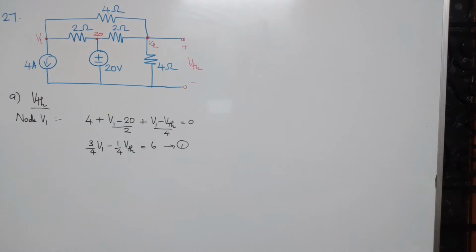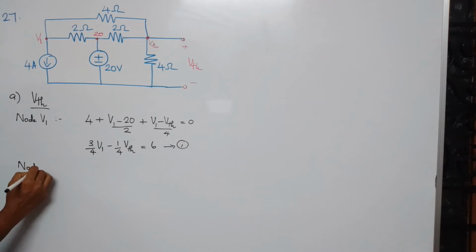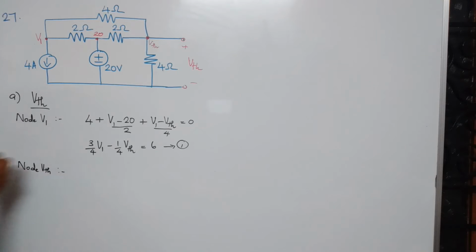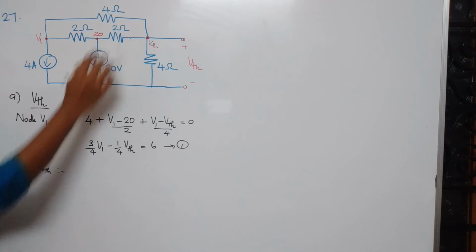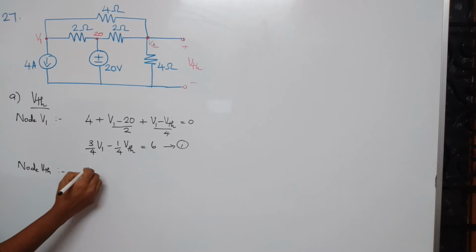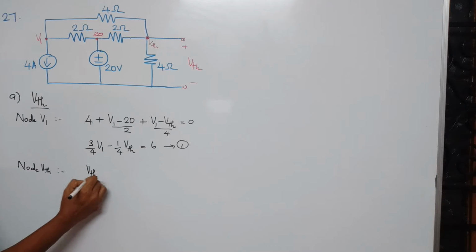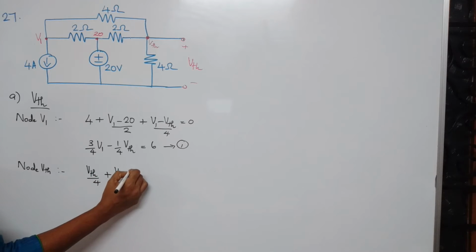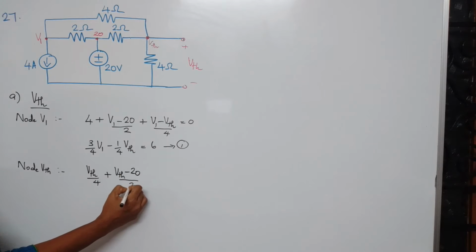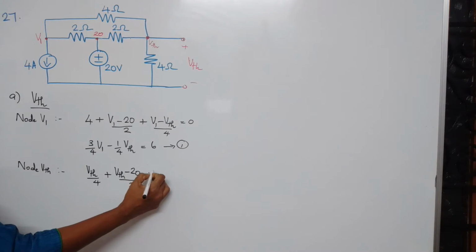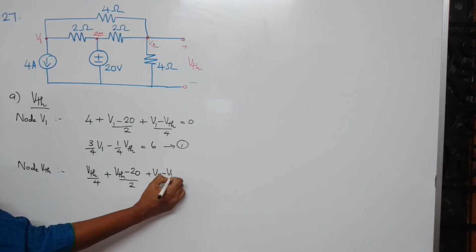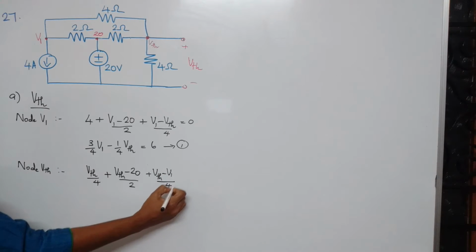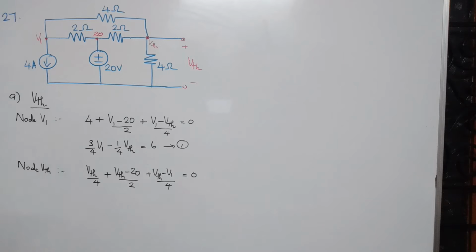Now, equation number 2 with respect to this node VTH. There are 3 branches associated. We can take current as leaving. So, VTH by 4 plus (VTH minus 20) by 2 plus (VTH minus V1) by 4 is equal to 0.